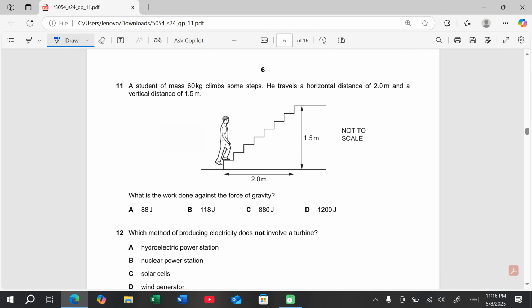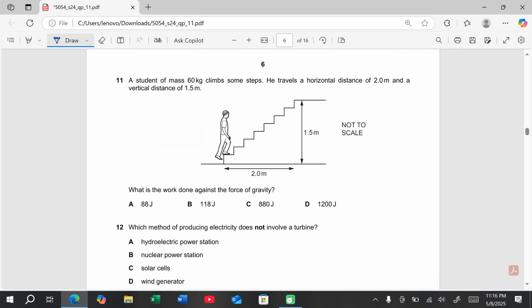In question number 11 it says, what is the work done against gravity? That's the same thing. Work done against gravity is actually the gain in potential energy. So since it's moving 1.5 meters up, we'll be using 60 as a mass, 9.8 as g, and 1.5 as a height.